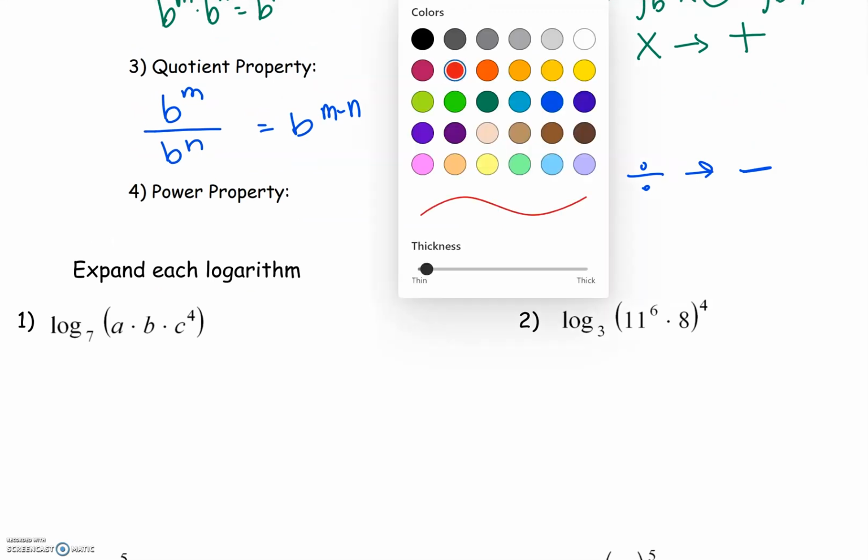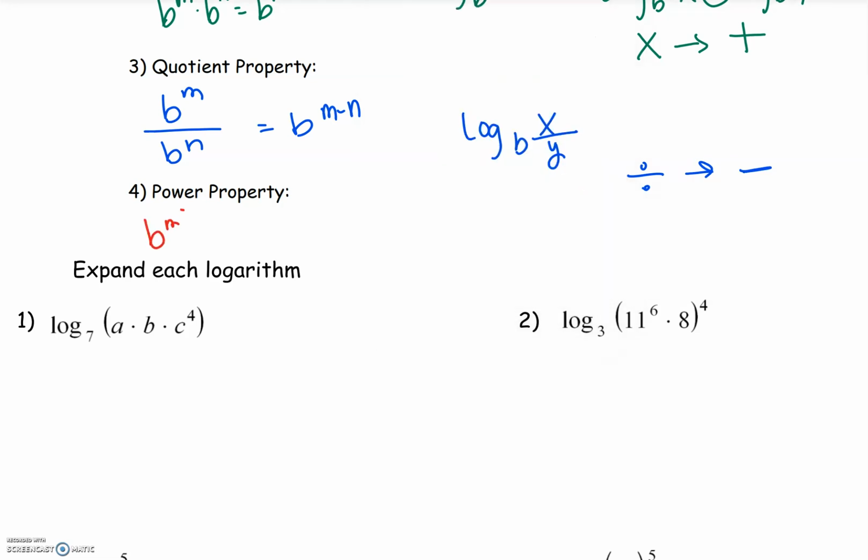And then when we have power to power, we multiply. So b to the m times n. So when we have log base b of x to the z, we are going to take that power and multiply.